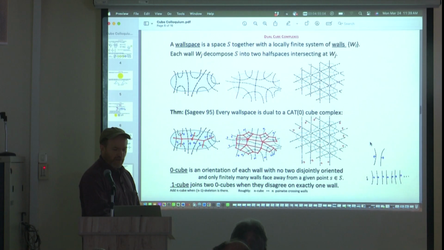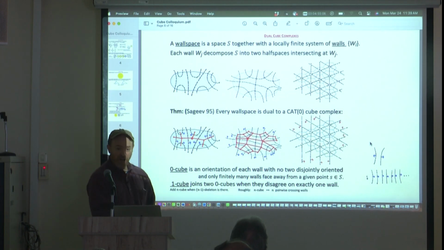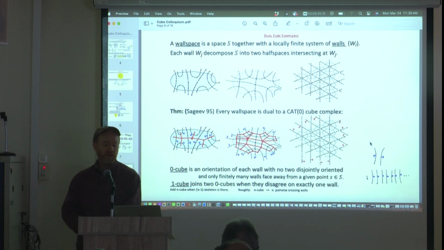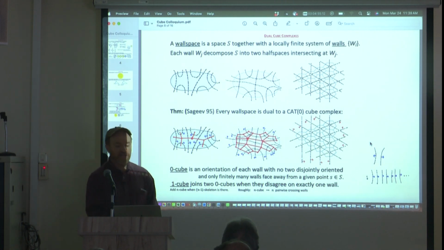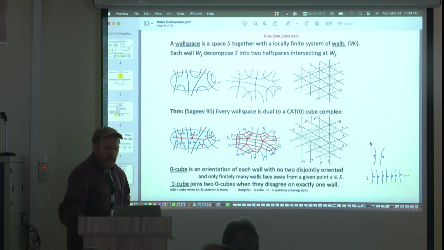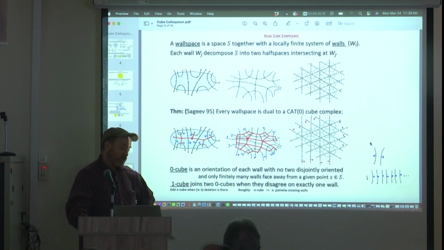Okay. Now I will quickly tell you about wall spaces and Sageev's dual cube complexes. A wall space, which is a notion that was actually invented by Frederic Paulin and Frederic Haglund, is a space S together with a bunch of walls.